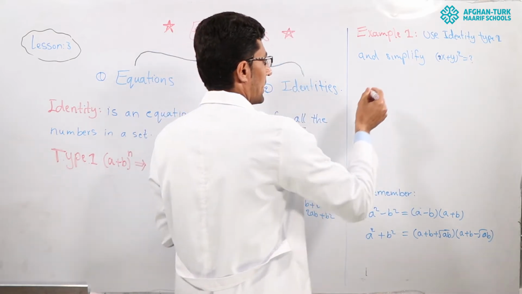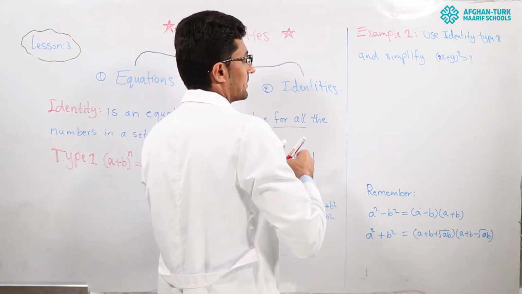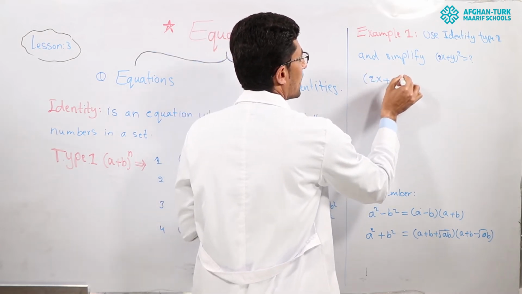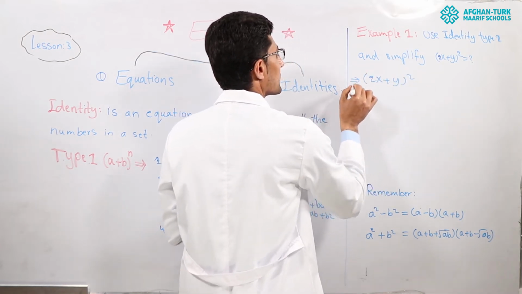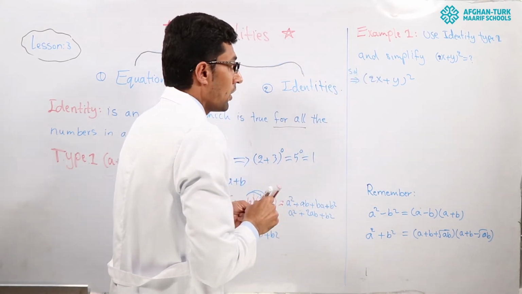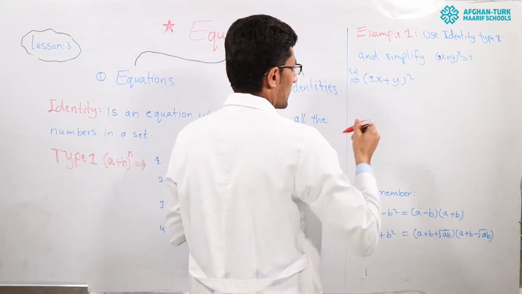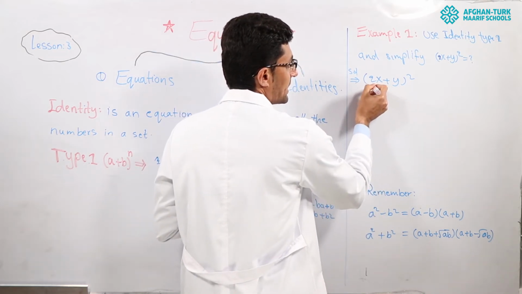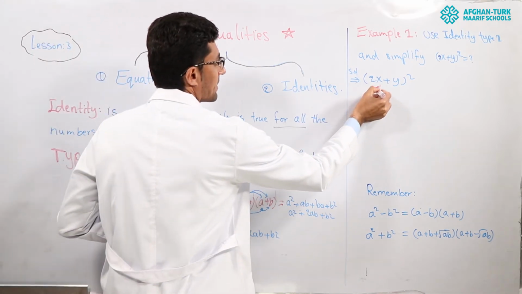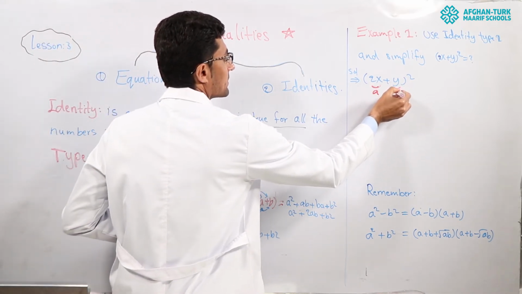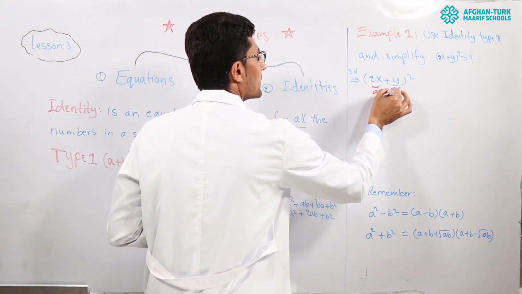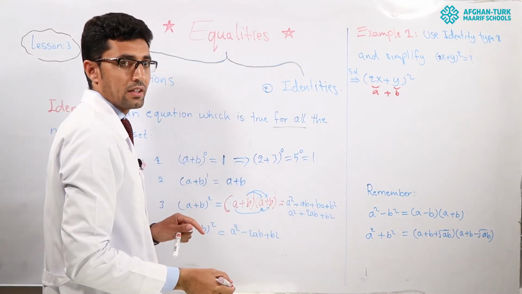Okay. In here, I rewrite the question 2x plus y whole to the power of 2. Solution. Okay, what do you think? It can be as the a plus b. It can be a and it can be b. How about the sign?